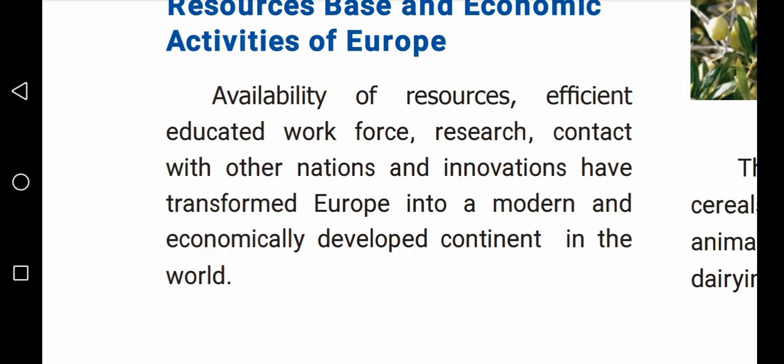Because already we studied, Europe is a well developed continent. So the efficient educated workforce uses modern technology and research, contact with other nations and innovations also transformed it.